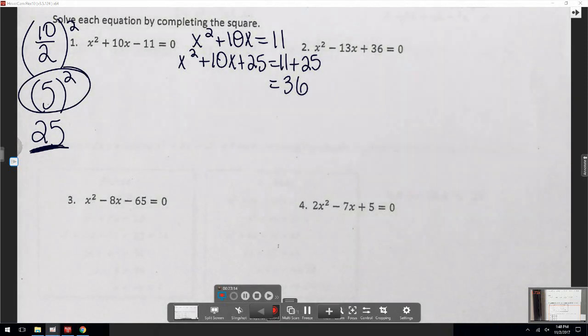The answer is going to be right there. That's why I circled it. That's why I told you to write your steps out. No matter how hard it gets, every single time it'll be the number that's squared. What kind of 5 is that? Positive. So you write x plus 5 squared.